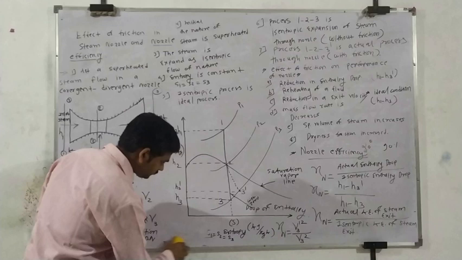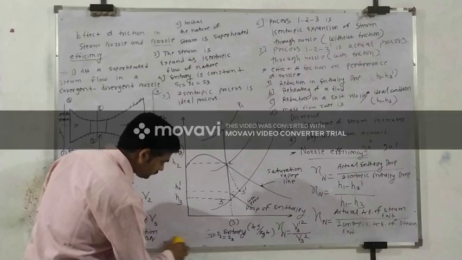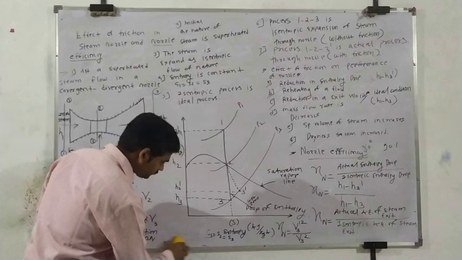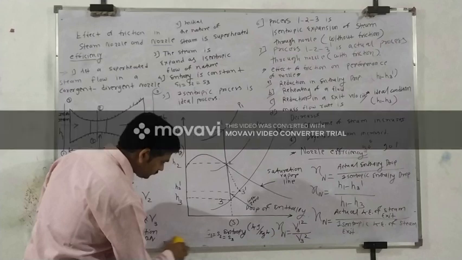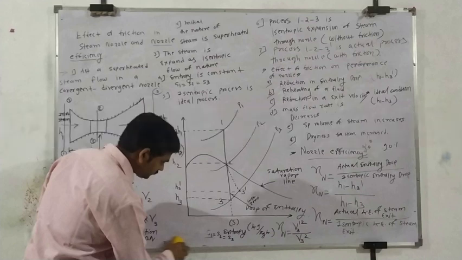So in nozzle velocity coefficient, there is a velocity. So nozzle velocity coefficient means what is we write down there? Actual velocity, correct. Actual velocity at nozzle exit upon isentropic velocity of a steam at nozzle exit.